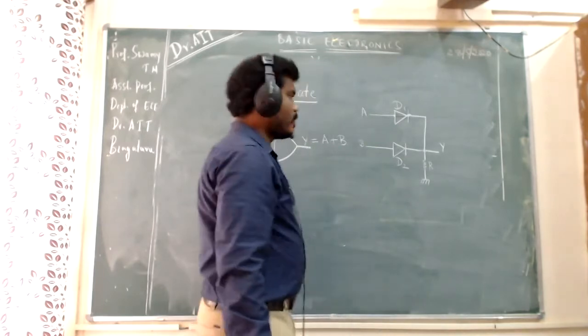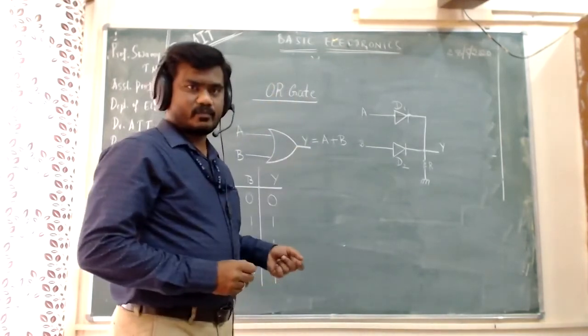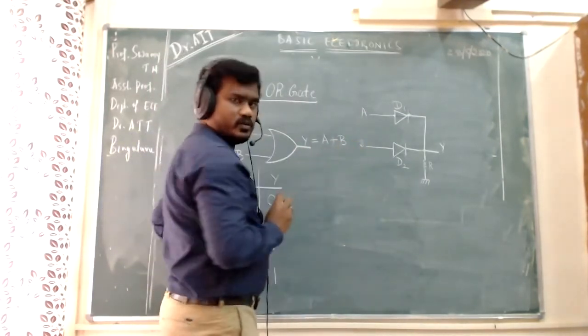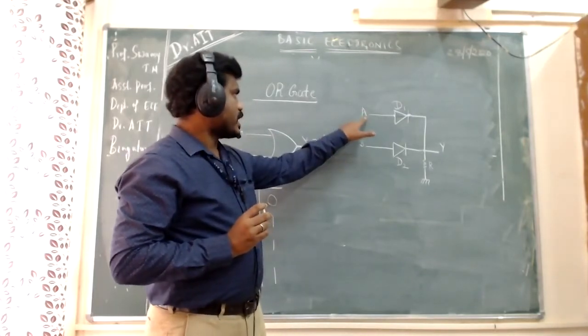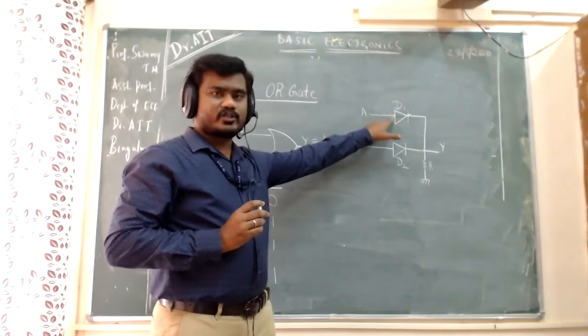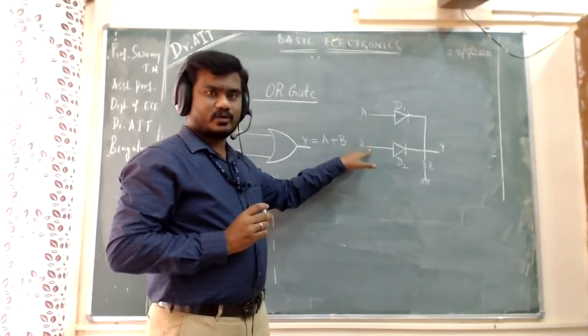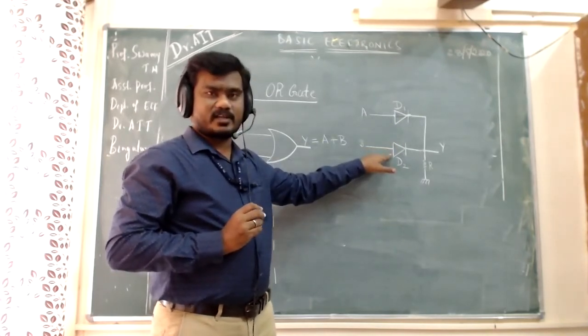Now I will take the first case, when A is equal to 0 and B is equal to 0. If A is equal to 0, you are applying 0 voltage to the P terminal of the diode. Here also you are applying logic 0 to the P terminal of the diode. So both diodes are in reverse bias condition.